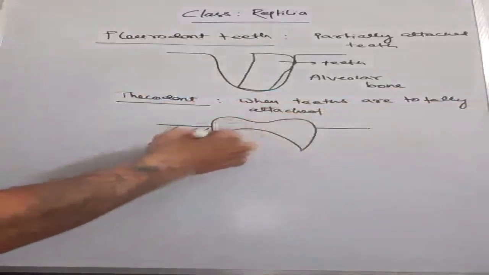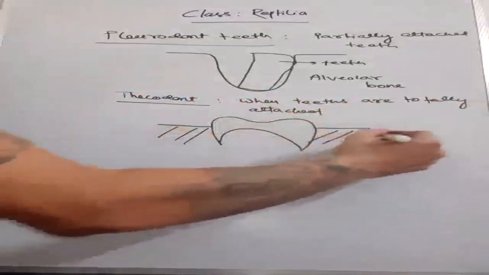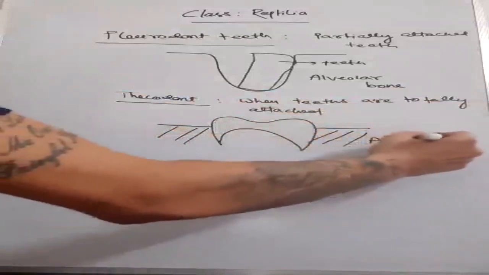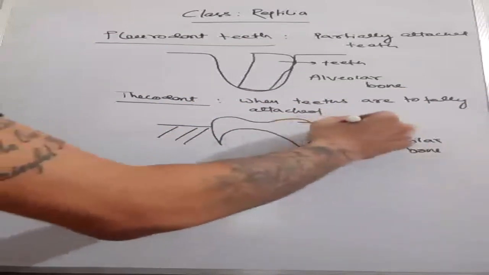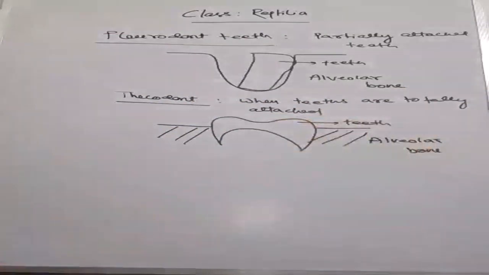This is the alveolar bone, and the teeth is totally attached. Now this is called the pleurodont and the thecodont teeth of this class Reptilia.